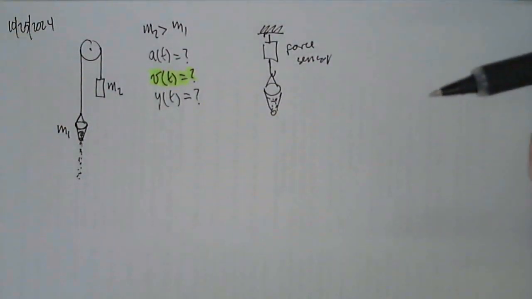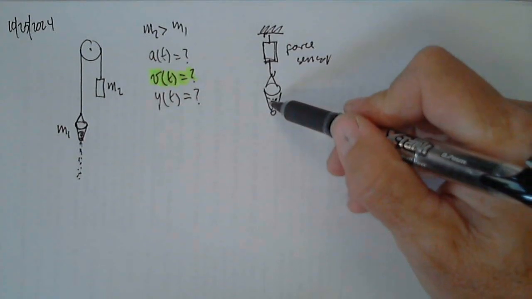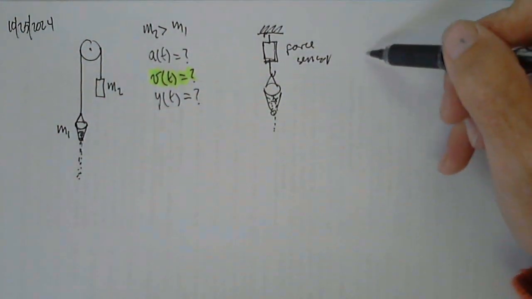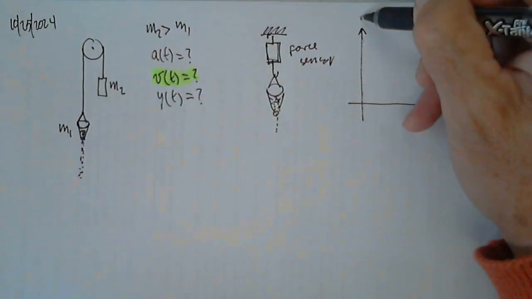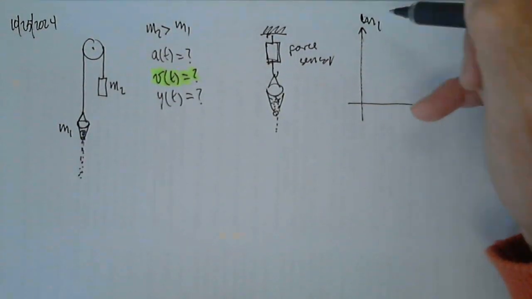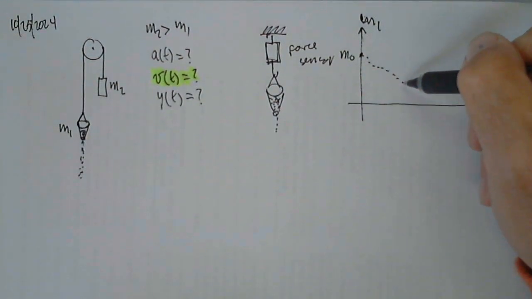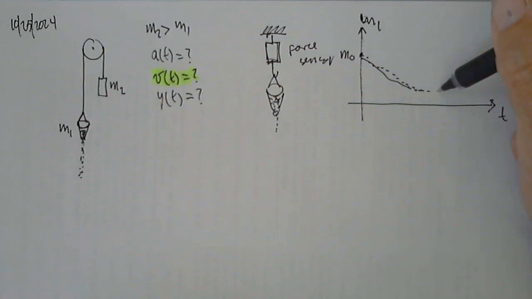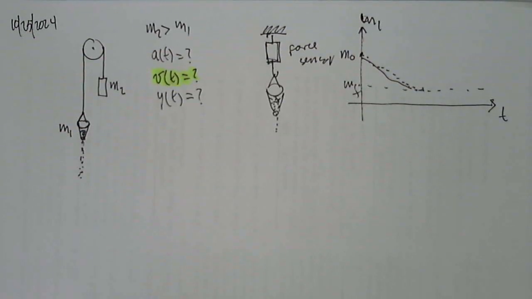Before solving the problem or doing the experiment, we put the cone with the sand and we record the force, which is the mass versus time, and we got this initial mass and then it linearly reduces, and this MF is the mass of the empty cone.